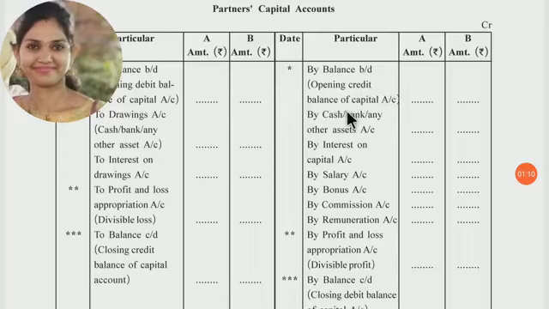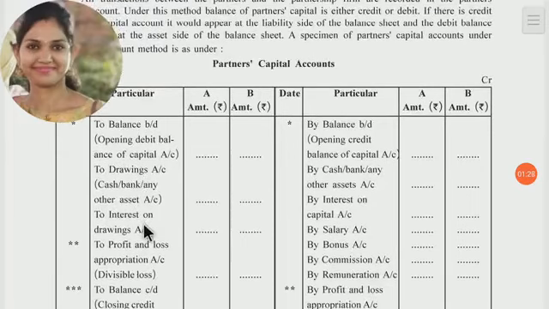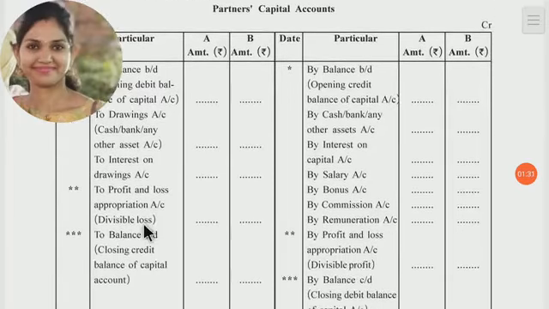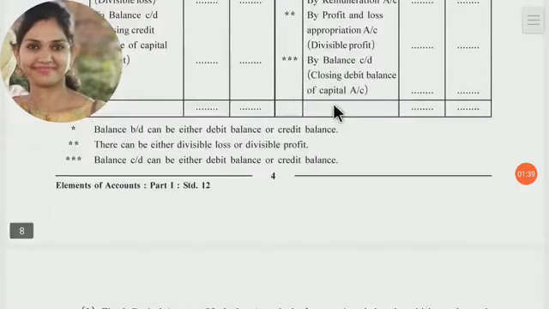All the benefits for the partner, such as partner salary, bonus, commission, remuneration and profit, we write on the credit side. On the debit side, we write drawing, interest on drawing or loss. This is the partner's capital account according to the fluctuating capital account method.